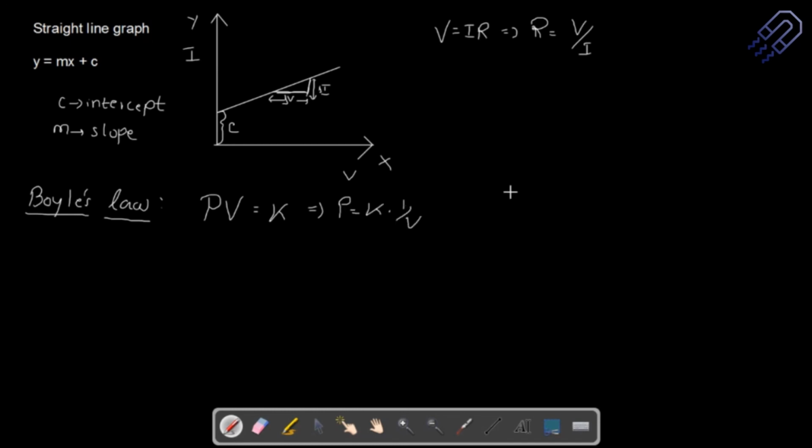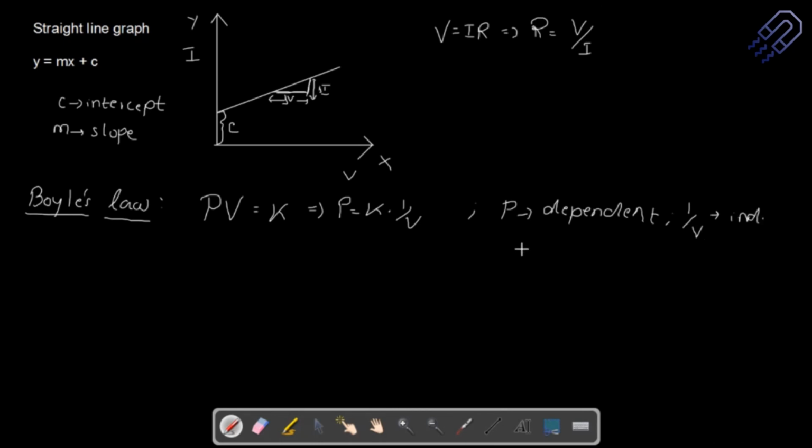Now, if you want to get a straight line here, you see that this is P, which is the dependent variable. And I think this is quite logical, because in any physical system, the volume will depend on the pressure. If the pressure is more, the volume is going to be less. If the pressure is less, the volume is going to be more. It will try to occupy more, so this is independent.